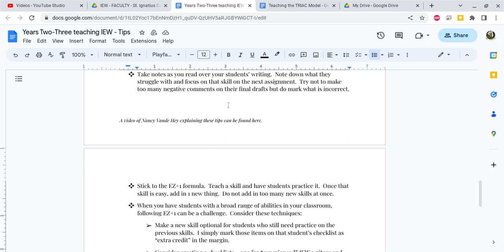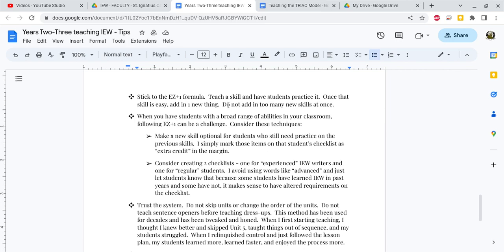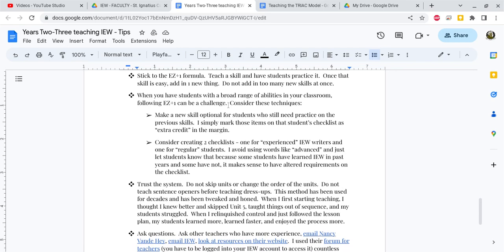And as you're creating the keyword outline, make sure they have good keywords in that space for the topic sentence. Stick to the easy +1 formula. I talked on a previous video, if you watched that one when you were a new teacher, about how having separate checklists can be helpful, or making certain elements on a checklist extra credit for students who aren't ready to move on to a new skill.